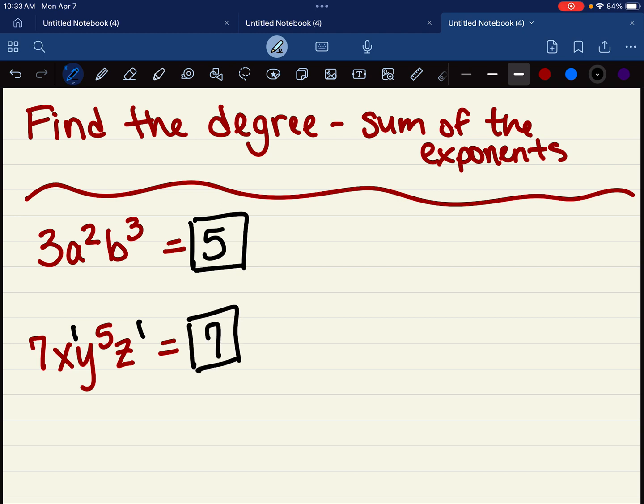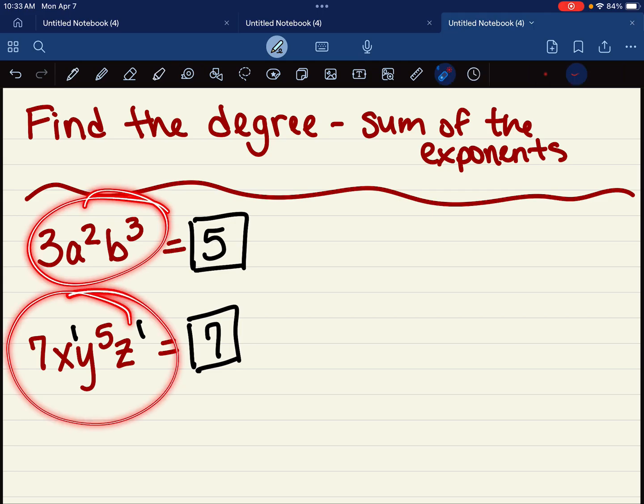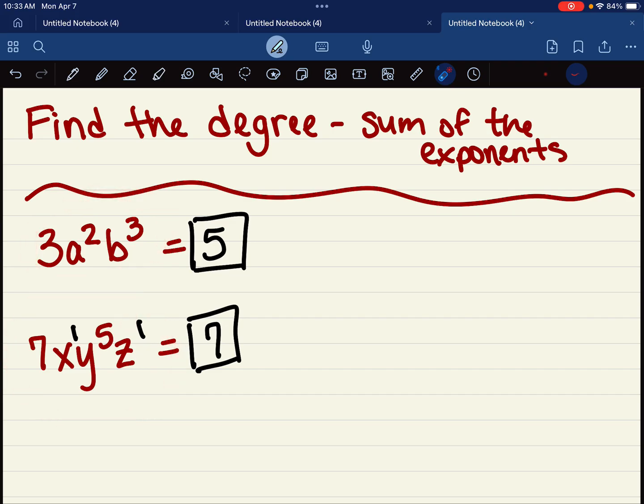Okay, so degree is pretty simple. The one thing you have to watch out for is if you have more than one term. So what are these called: monomials, binomials, trinomials? Is there any addition or subtraction here? No. So how many terms do I have? 1. Okay. This will be a monomial because there's no addition or subtraction. Addition or subtraction is what will tell you that you have more than one monomial, okay?